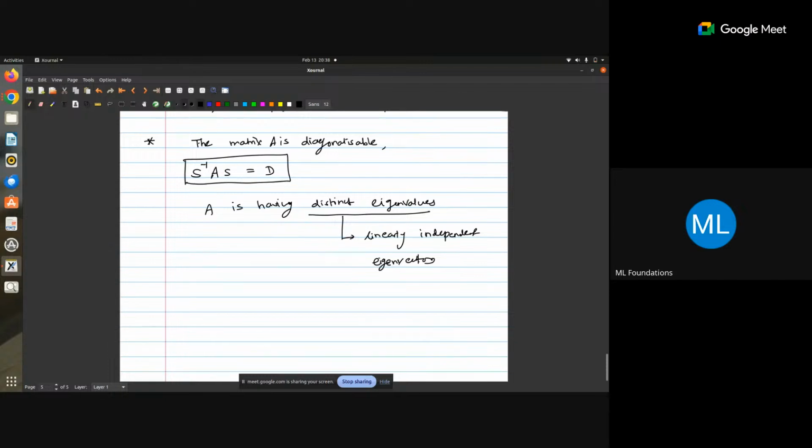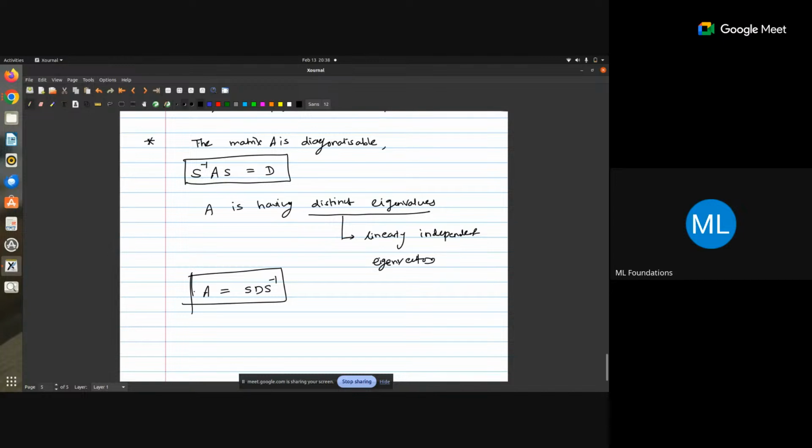Or the other way around, A can be factorized as S D S inverse. That is what we saw last week. I hope you remembered it.